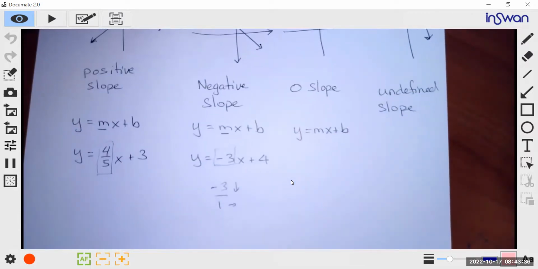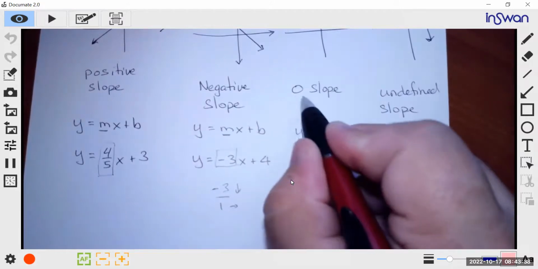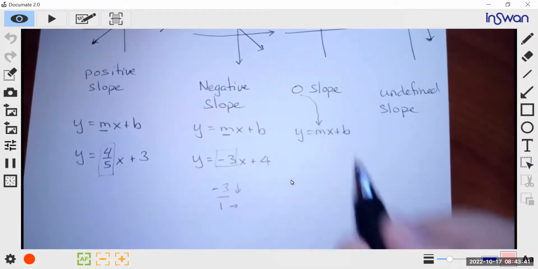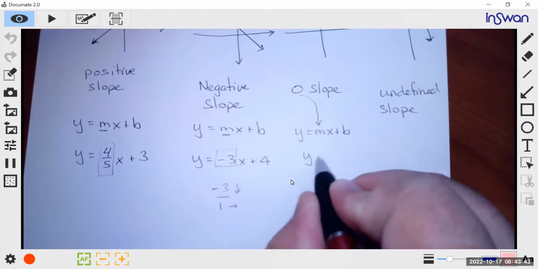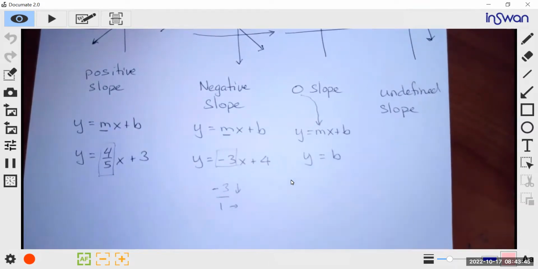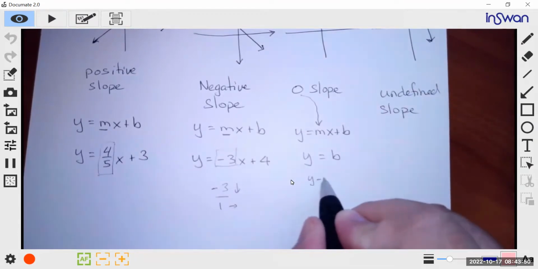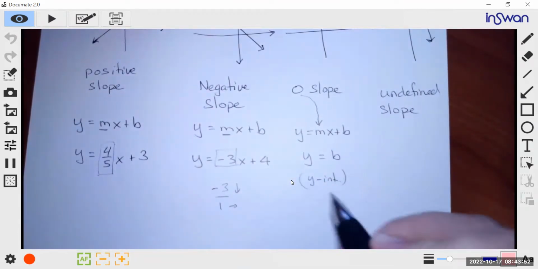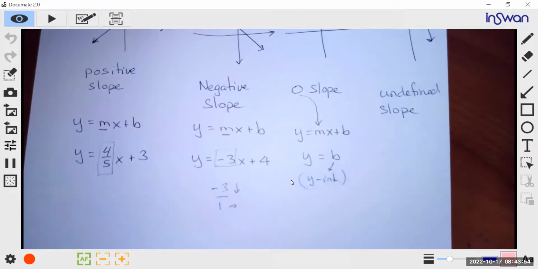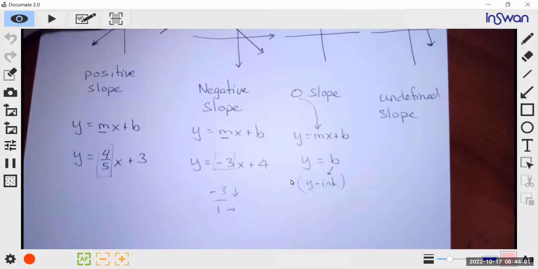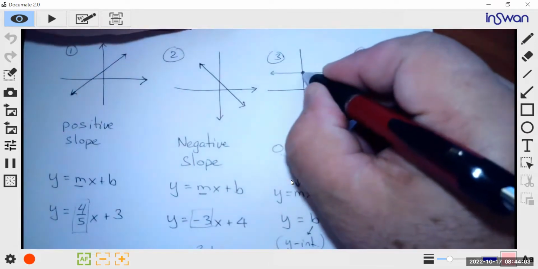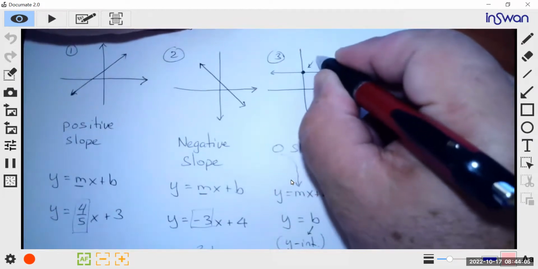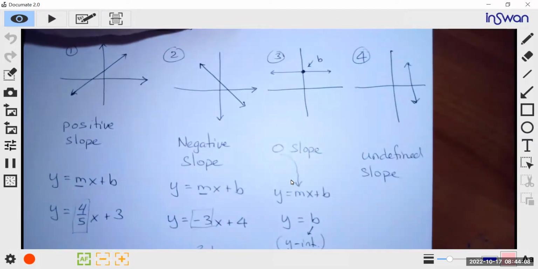We can even say the third one. Remember, if the slope is 0, we're left with y equals some number b. B is the y-intercept. So whatever value that is, that's also the value of b.